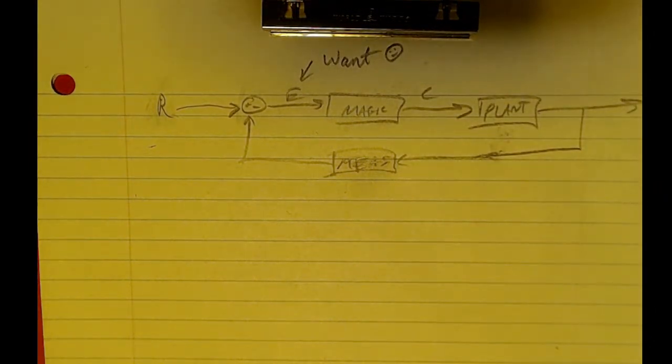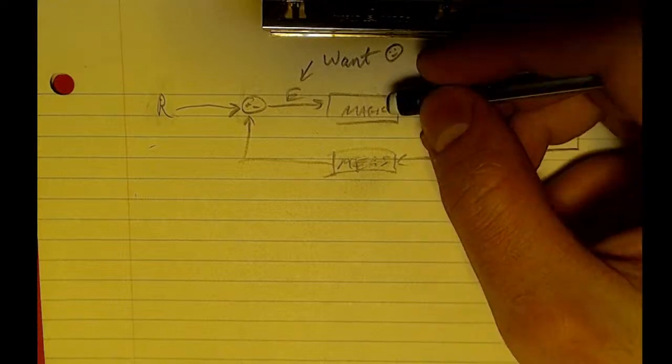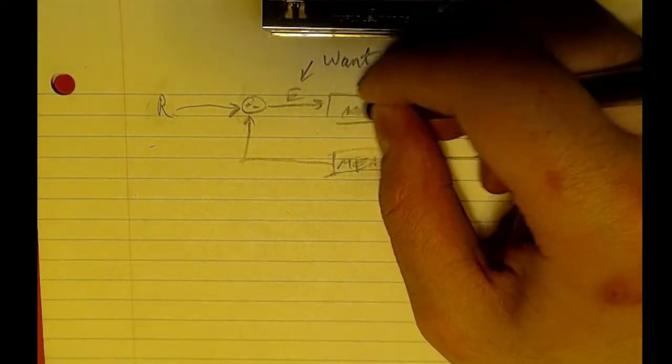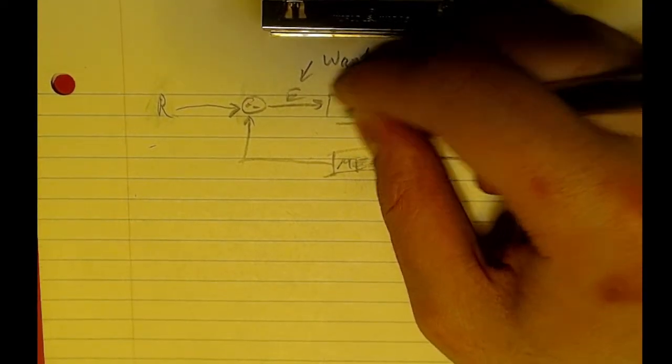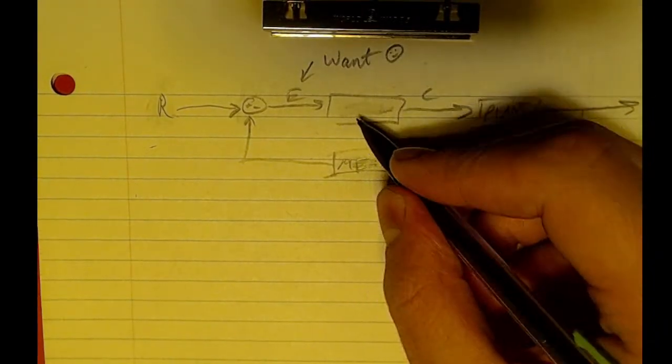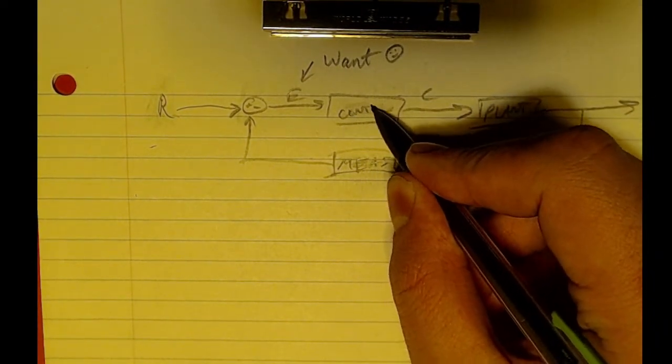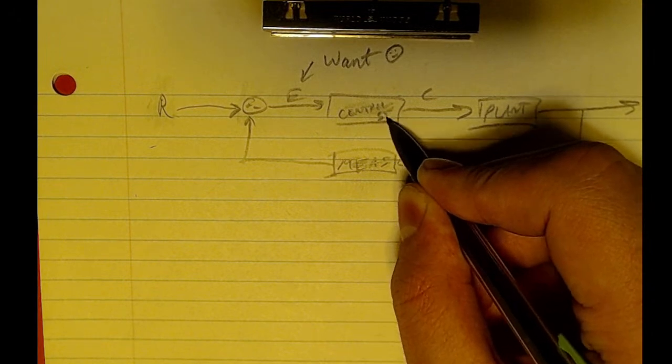If I write and don't erase and write over the erased paper, it does seem to be fairly legible. All right, we'll leave the settings like this and hope that this works. And what I mean by magic is actually our control system.